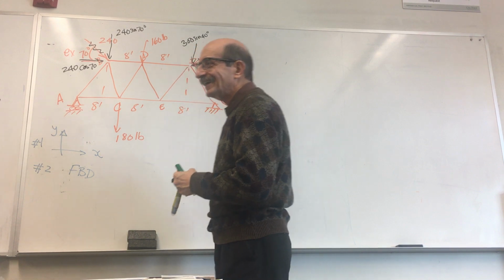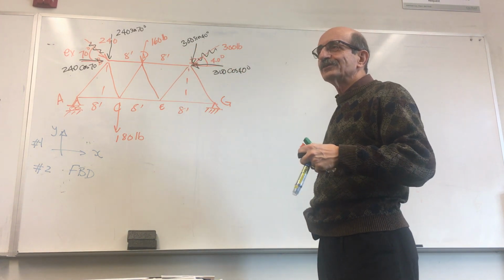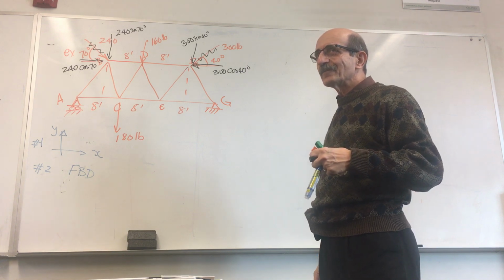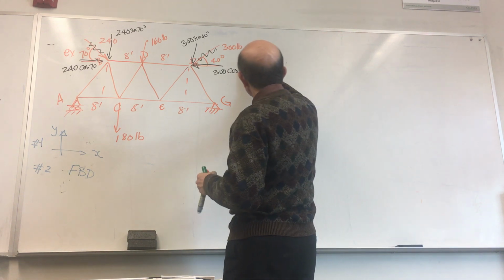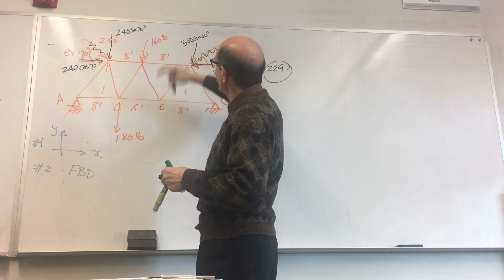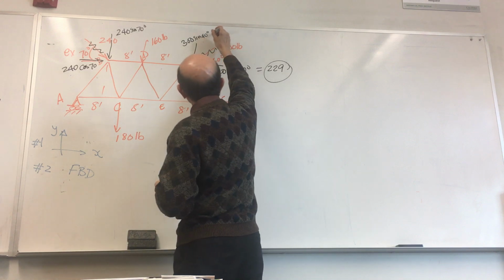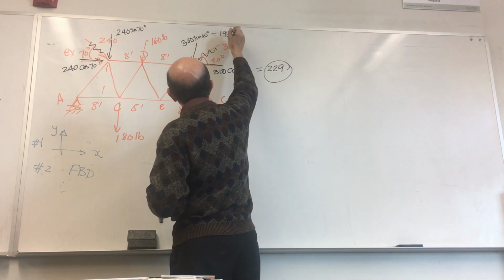That's okay. I solved that, I just didn't write it down as the number. Okay, so what is 300 cosine of 40? 229.8. Great, that's not bad. And 300 sine 40 should be about 193. 192.8, but that's okay.